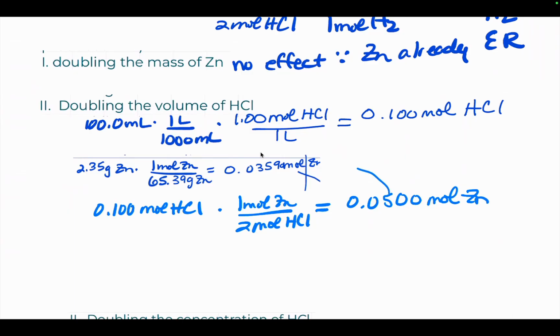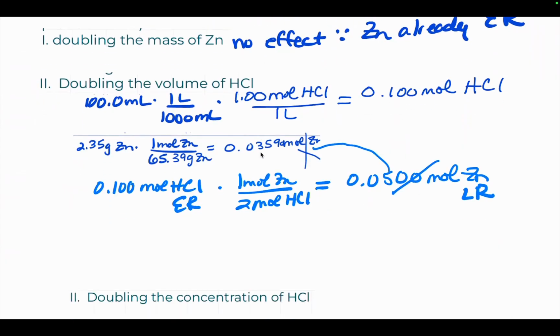And you can see that we do not have that much. So that tells us that the zinc is our limiting now, and the hydrochloric is our excess. But we're not going to use that number.